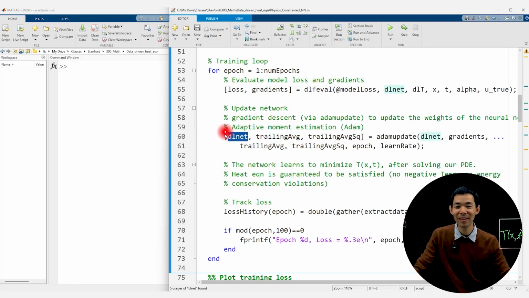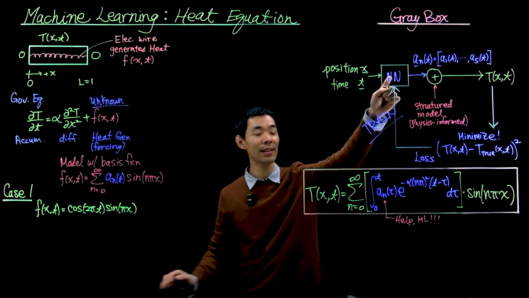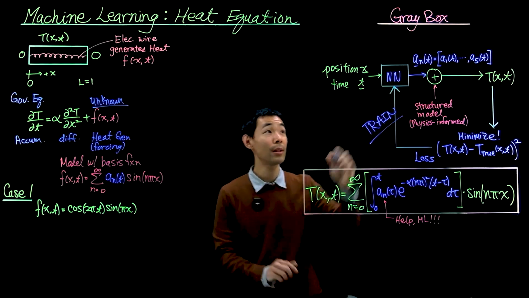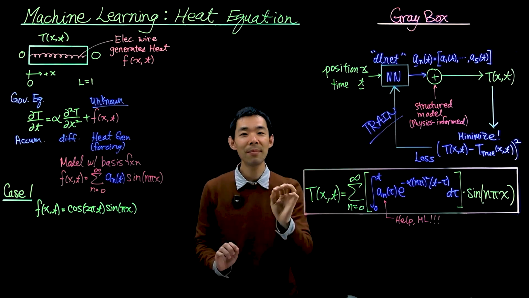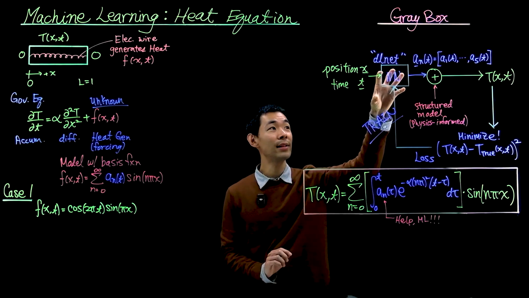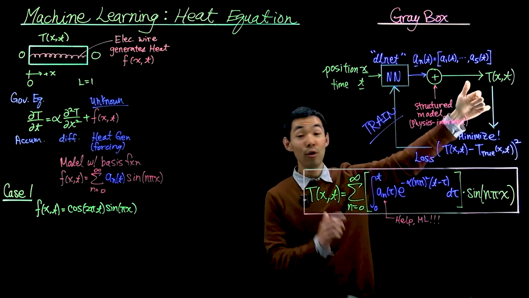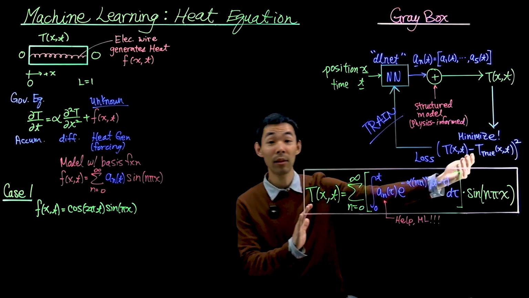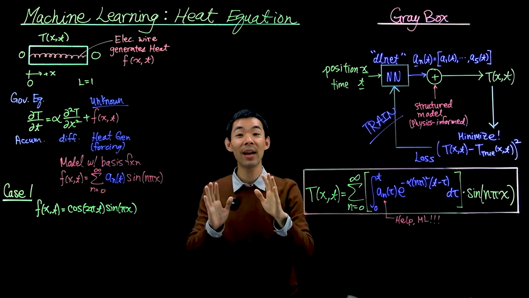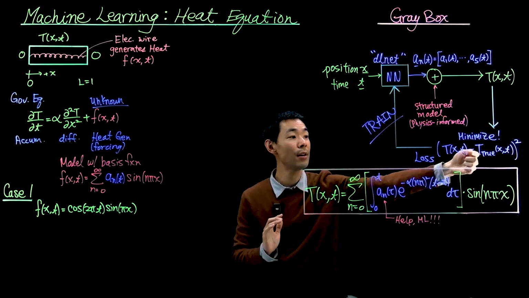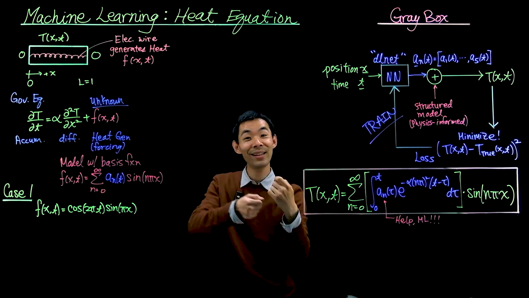So DLnet is this guy right here. Let me just write that down so that we're absolutely clear. So in my code, DLnet is this block right here. You just saw me calculate the loss using a given guess for my coefficients. Now it calculated loss, it's calculating gradient descent.